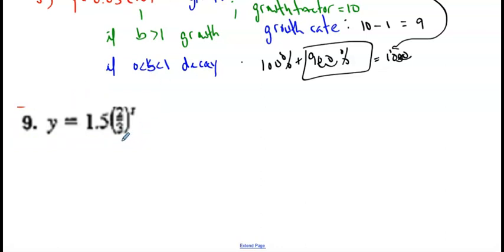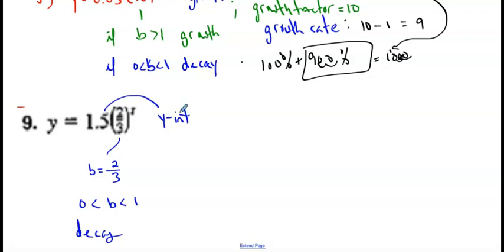Now my b value is 2/3, and that happens to fall between 0 and 1, so this is decay. My initial value is still 1.5. That's my y-intercept. Nothing's going to change there. Then I need the decay rate.